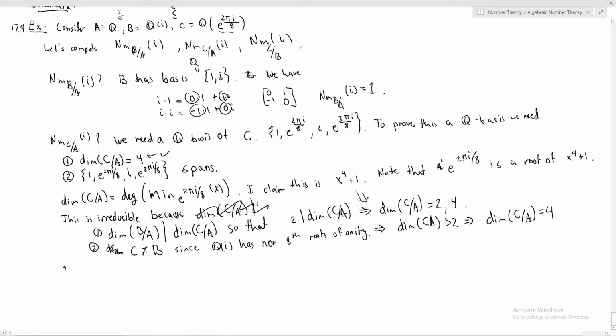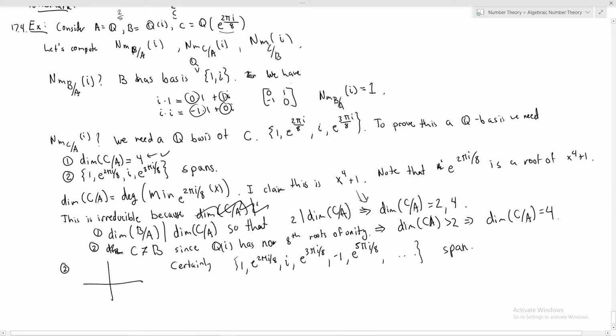So let's just think about this graphically. Certainly the collection 1, e to the 2 pi i over 8, i, e to the 3 pi i over 8, negative 1, e to the 5 pi i over 8, and so on, all the eighth roots of unity, span.